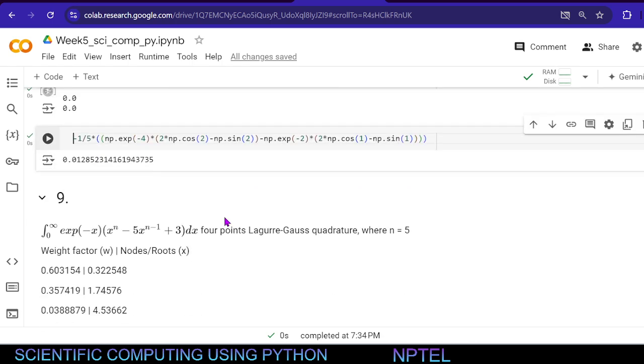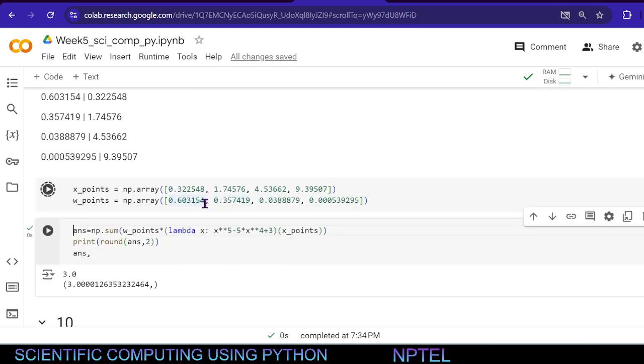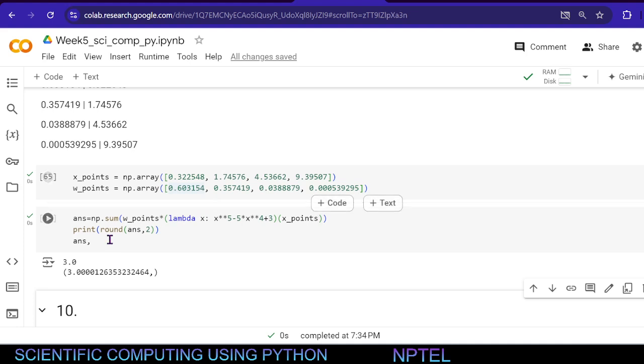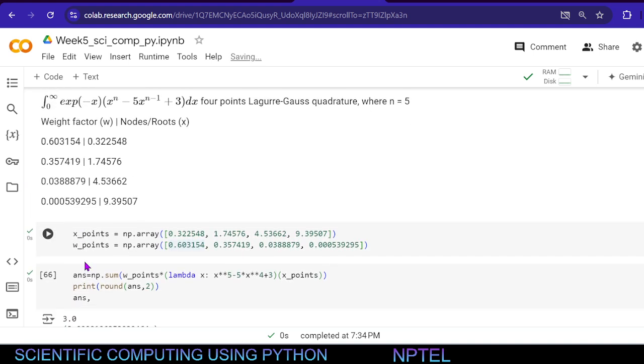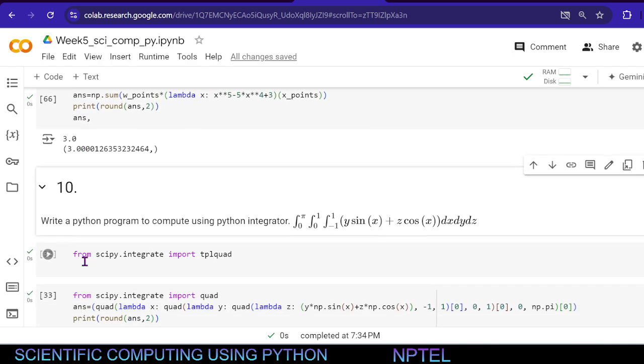Okay. Yeah, I don't know about that question, but this one you got it right. It gives us 3.000 then 126. So up to 4 decimals it's correct because the correct answer is 3. We will see how it is 3. Okay. It's always a good idea to check, but you get it.